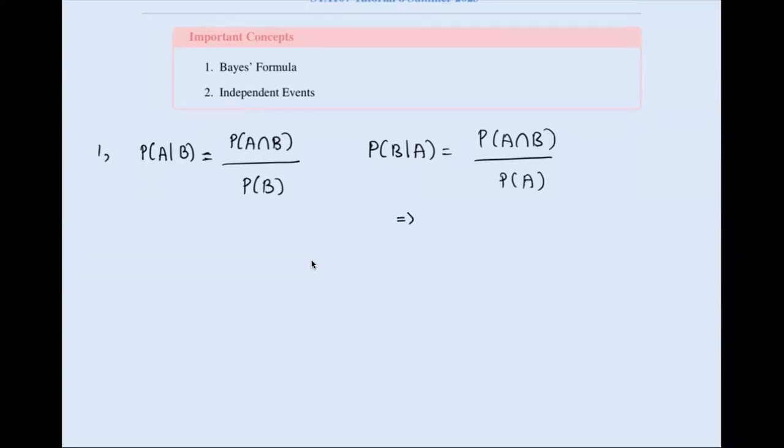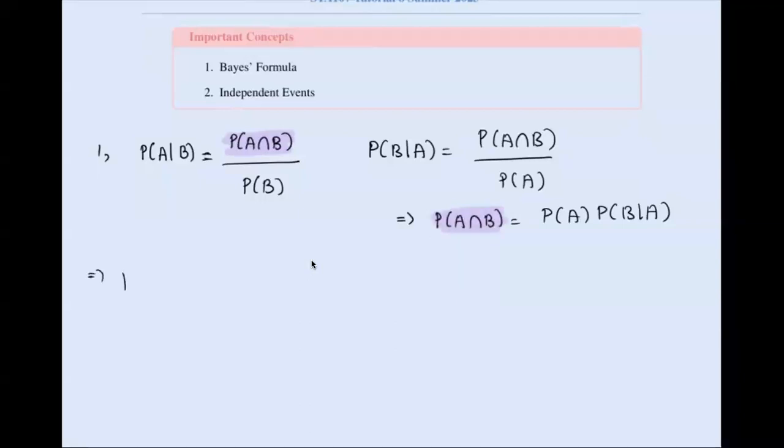From the second formula, if we cross multiply, we will have probability of the intersection is equal to probability of A times probability of B given A. And we can substitute that into the numerator here.